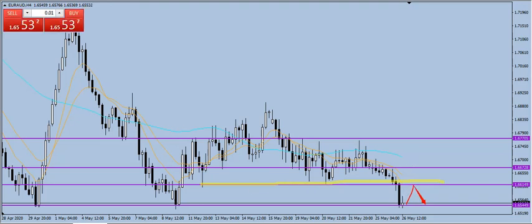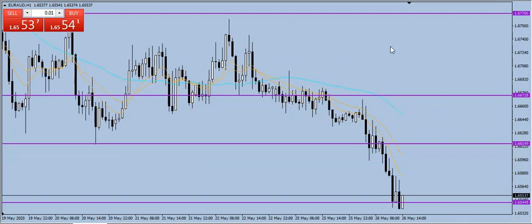So if you are going to be taking this trade to both sides, if you want to take it to the upside, then you may need to switch to the 1-hour time frame to find entry.